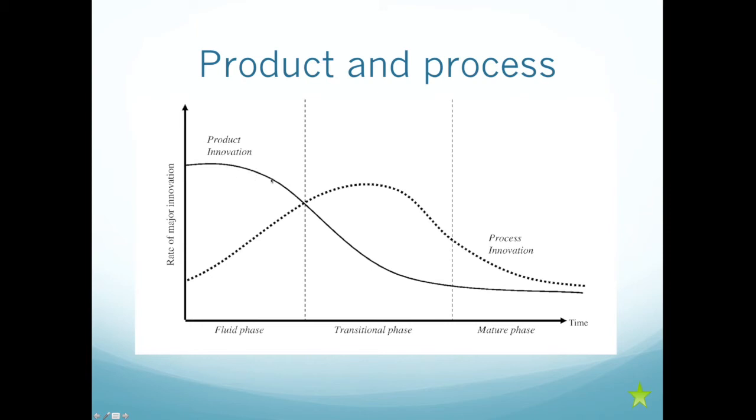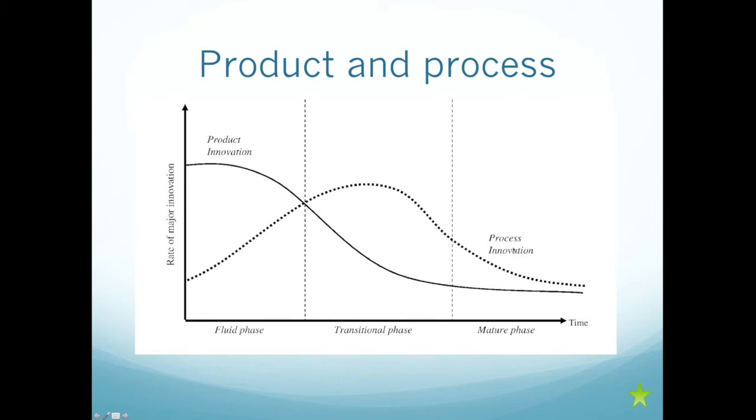Before the dominant design is set, and you do not know exactly what kind of product this will be, the rate of major innovation is then high in the beginning for the product. But as you have decided what it is, the rate of major innovation goes down, and we have smaller and smaller incremental innovations here. Going into the transitional phase, and then after a while into the mature phase, where we have very low rate of major innovations, mostly incremental innovations.